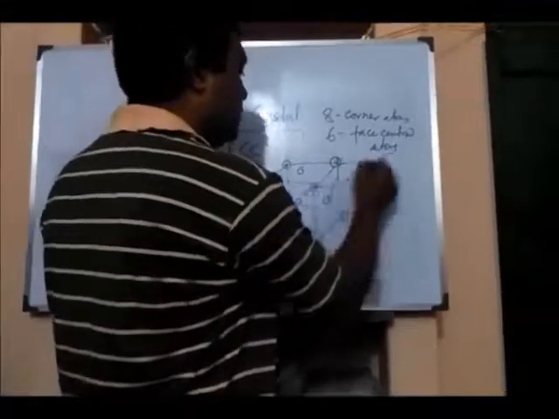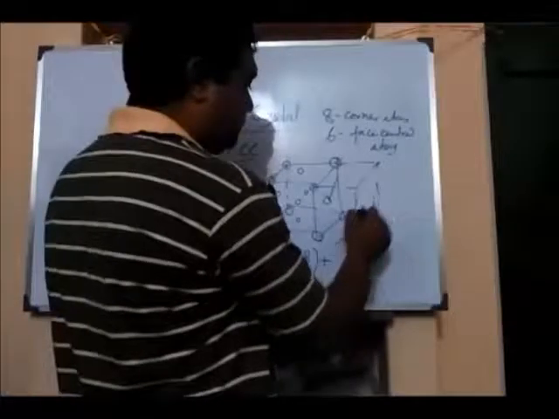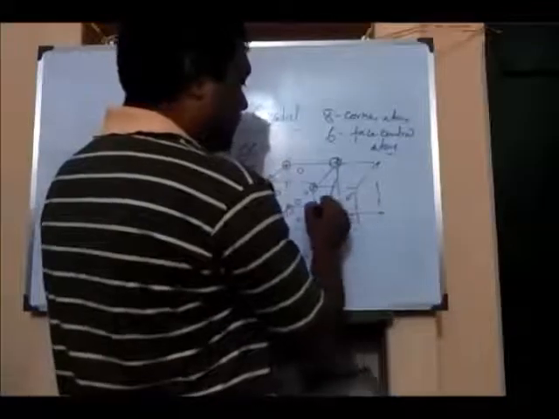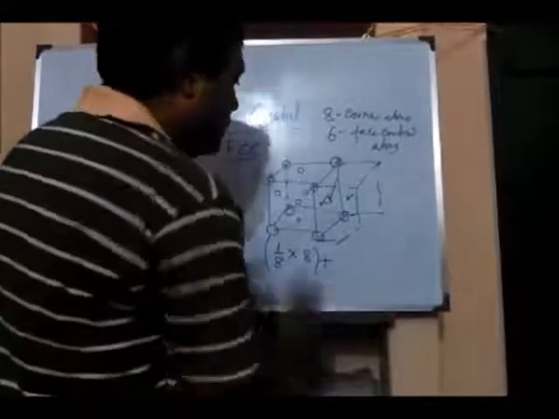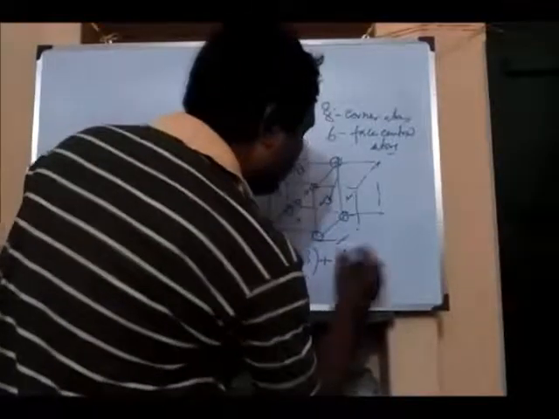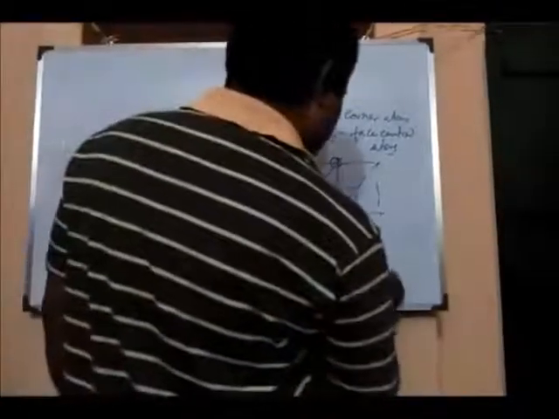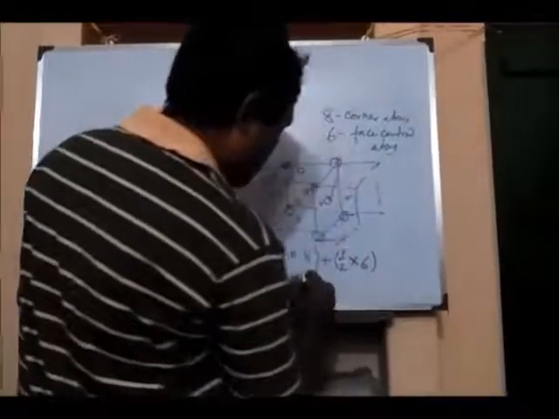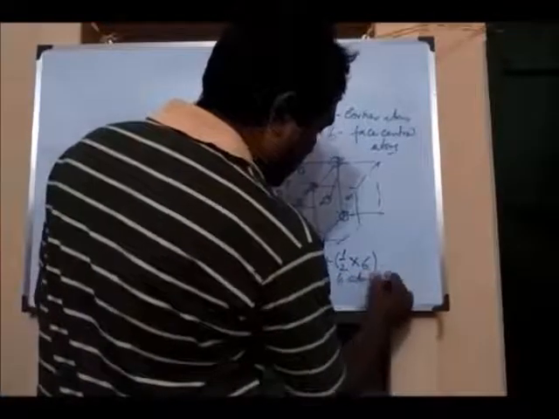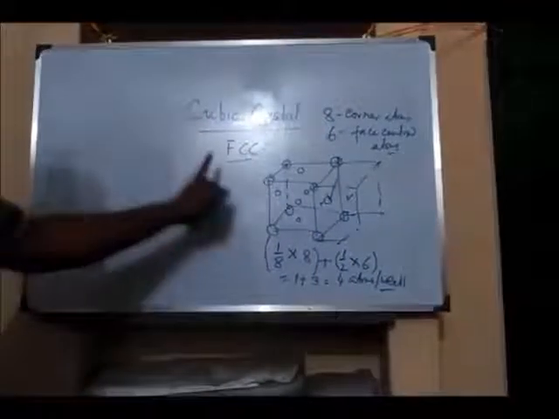So if you extend this unit cell in this way, you will get that this atom is a part of this unit cell and this unit cell. So the contribution of this atom is just half for each unit cell, and there exist total 6 atoms. So 1 plus 3, there are 4 atoms per unit cell. So this is face-centered cube.